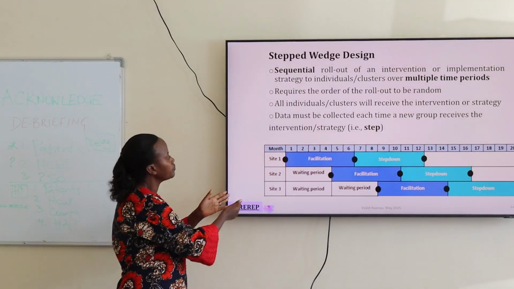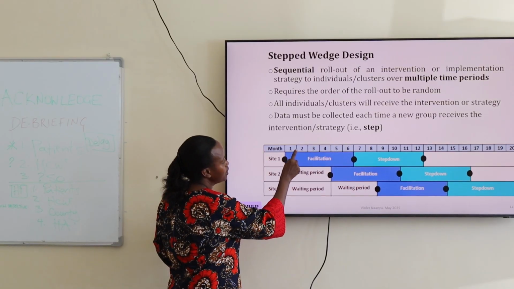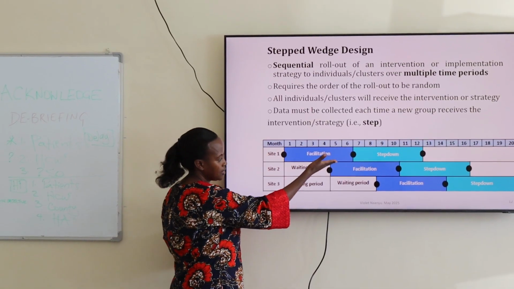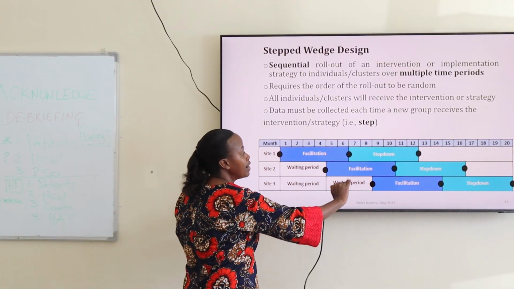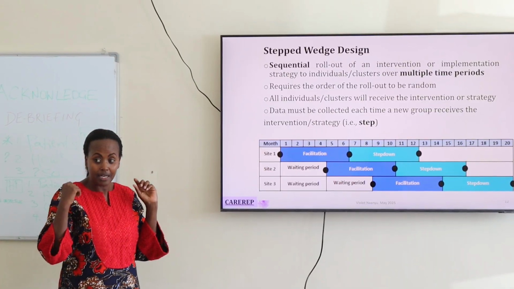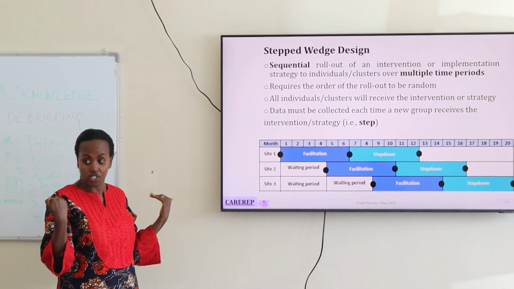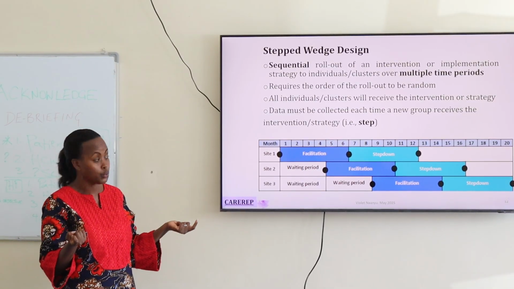So it means you start site 1, and you might say we will be there month 1, 2, 3, 4, 5, 6, isn't it? Yeah? So you finish there and you keep going. And you have to think about the contamination, so you have to explain and justify why you're stepping down the way you're doing and why site 1 and not site 2.